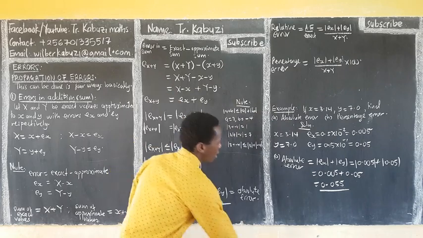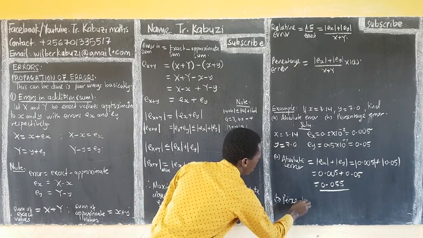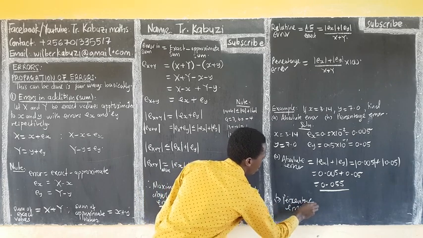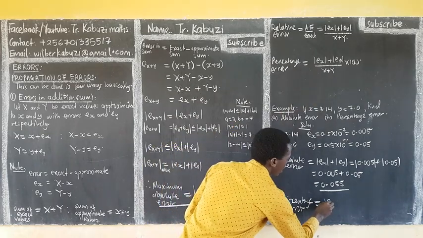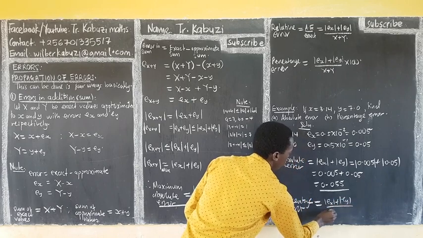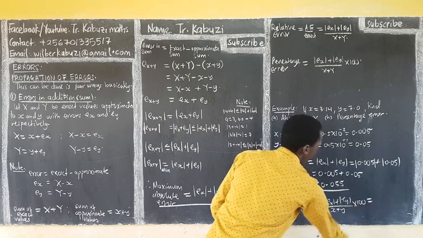So now my percentage error, part B, is going to be e of x plus e of y, now over x plus y, times 100.